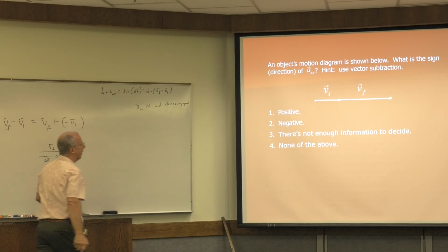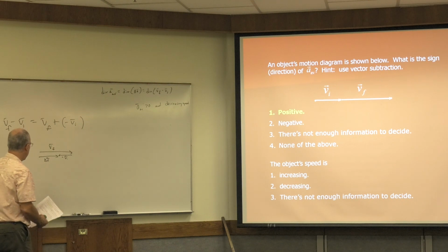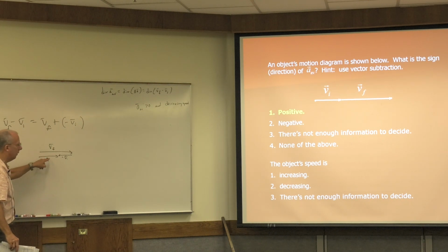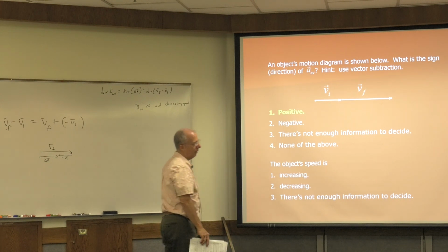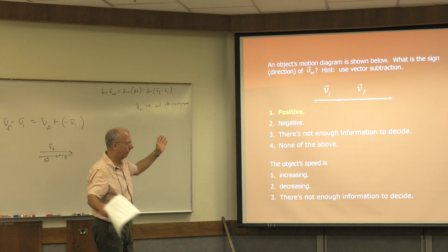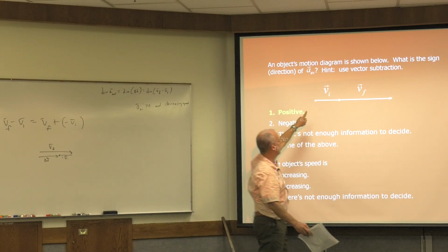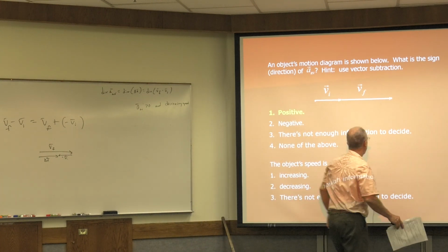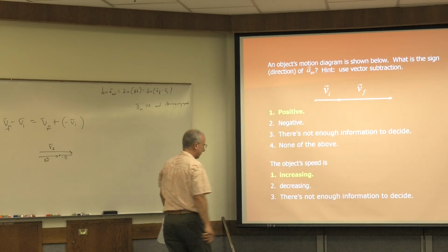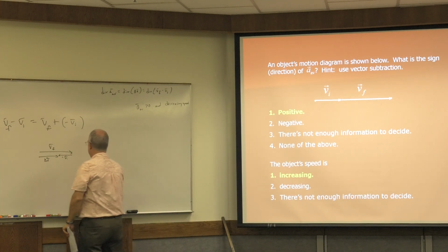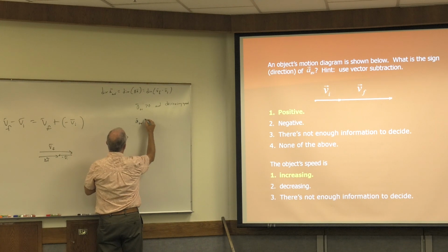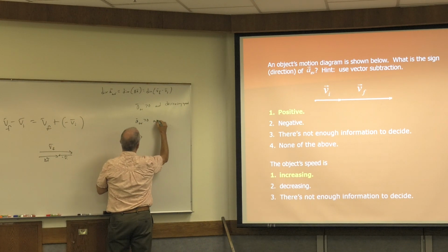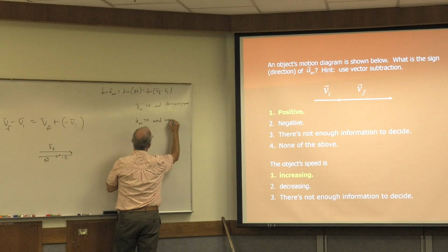That looks pretty positive to me. Delta V is positive. Now, what's true about the object's speed? Well, come on, it's obvious. So slow, fast. So the speed is increasing. So here's an example where, again, we had A average is positive and increasing speed.